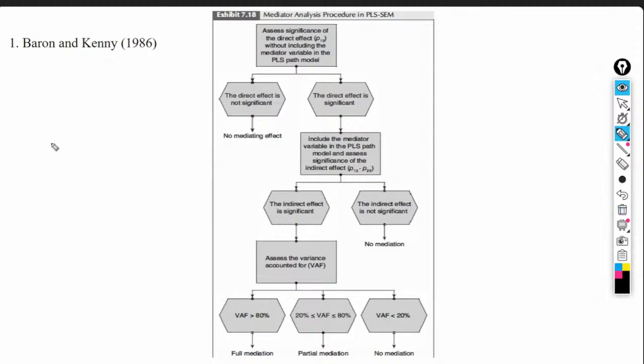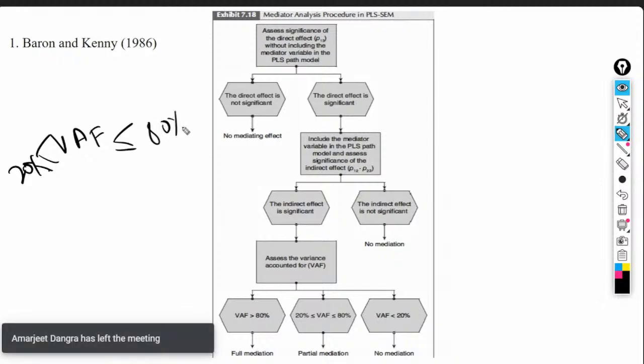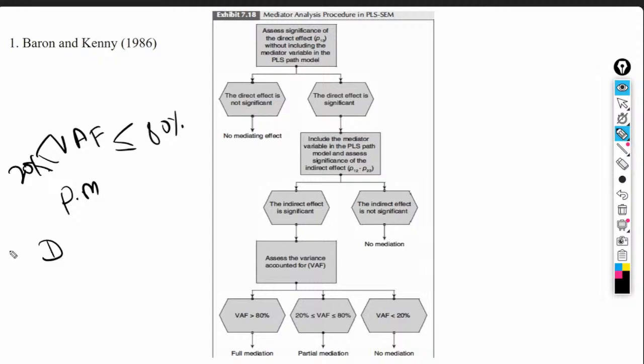Second, if the VAF value is greater than 20% and less than 80%, this means there is a partial mediation. In a partial mediation, the total effect equals the direct effect plus the indirect effect.